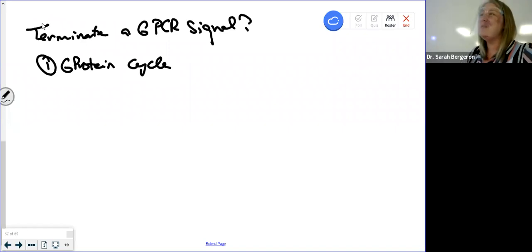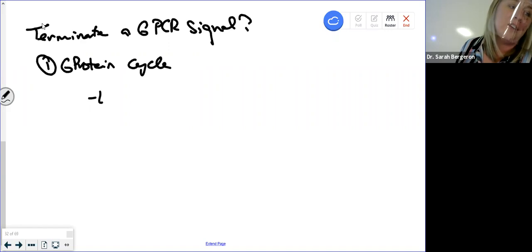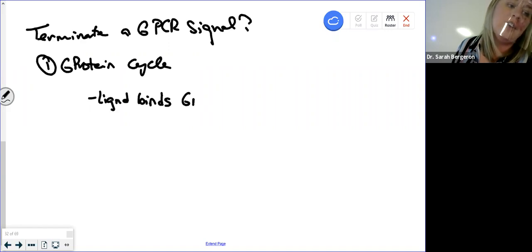All right, so the G protein cycle. Try not to look at the slide, and tell me what happens in the G protein cycle. Start with the ligand binding to the receptor. So the ligand binds to the GPCR. Then what happens?